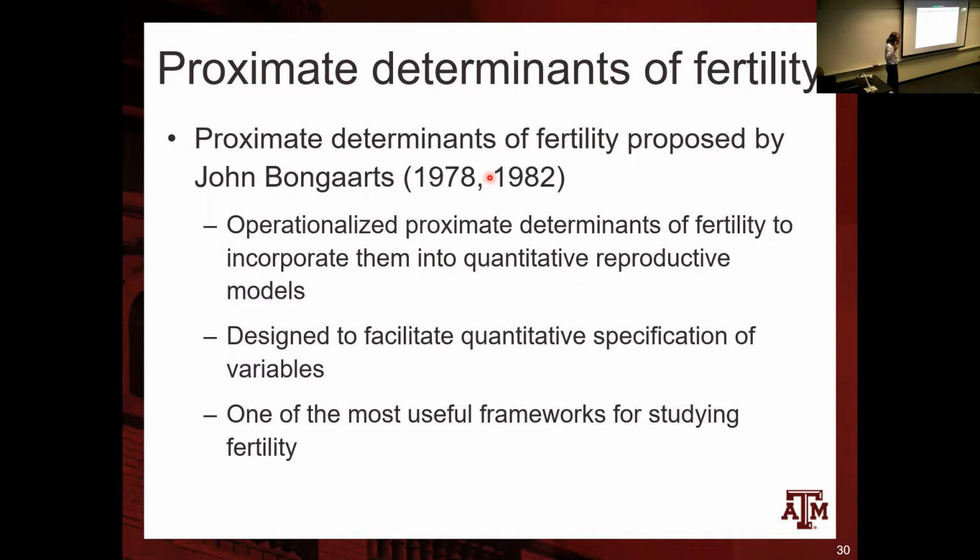That's why he proposed these new terms, proximate determinants of fertility, to try to think how we can use this framework from Davis and Blake in using data, using indicators, quantitative data to analyze fertility changes over time for specific populations. So he designed these proximate determinants of fertility to facilitate us making empirical analysis of specific populations related to their fertility. And it's one of the most useful frameworks for studying fertility that we still use today.